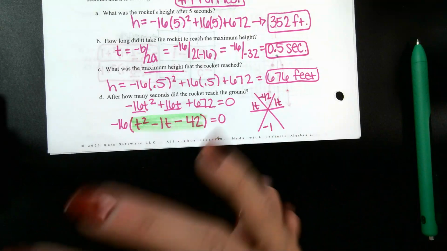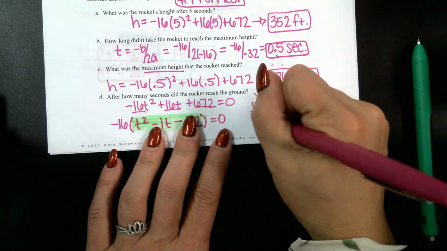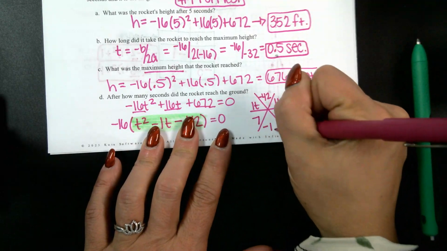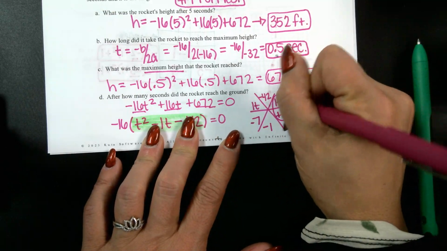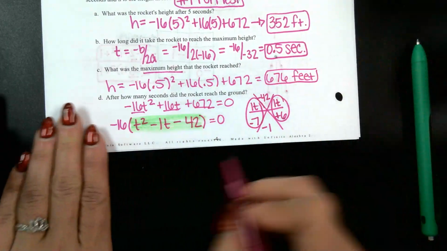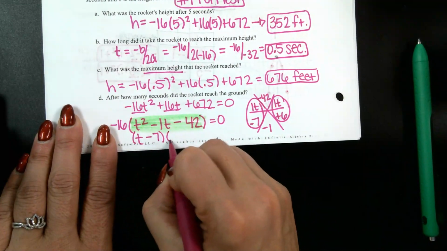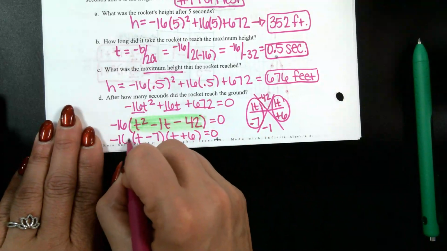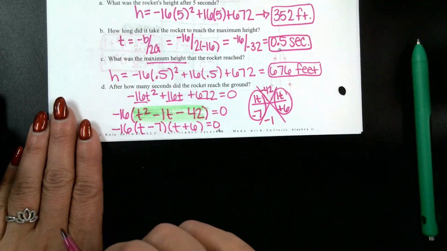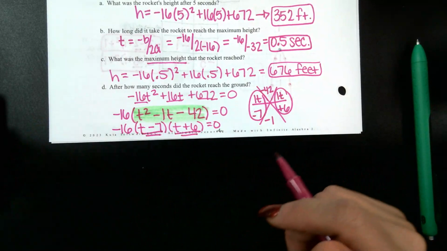So to make 42, 6 and 7, and the bigger one has to match the bottom. So the 7's going to be your negative, your 6 is going to be your positive. Now, technically, this negative 16 out front is still there, but it's not going to affect these answers at all.